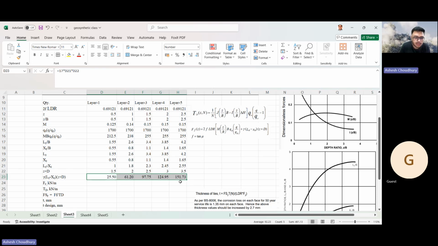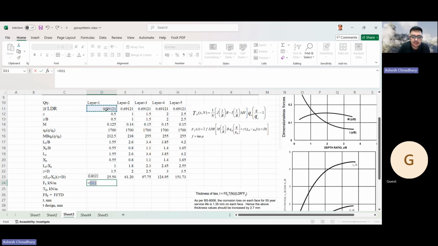Okay, so next is to find the FF. FF is equal to 2 times F into LDR times M into B into Q, that is this term, plus gamma L, this term.